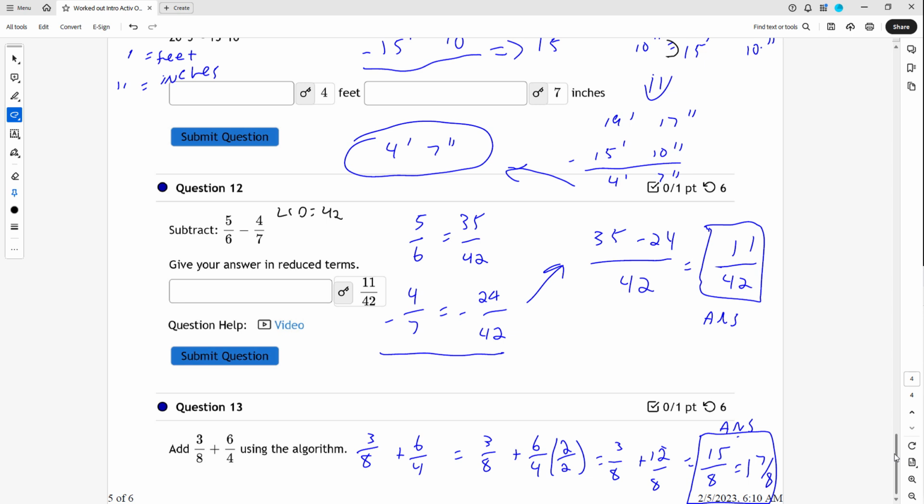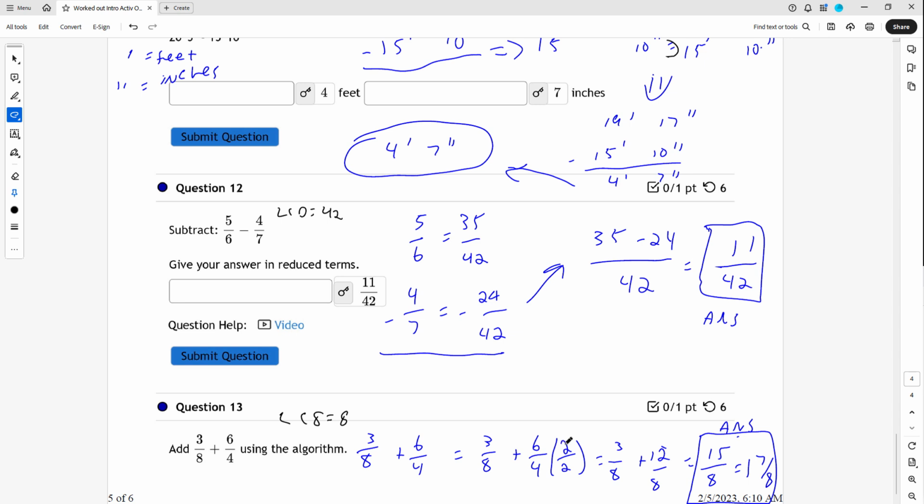And the next one here, number 13, the last one. Add. They have different denominators. In this case, my LCD, my mistake, is going to be 8. So I have 3/8 plus, what can I multiply this by to make it 8? 2.